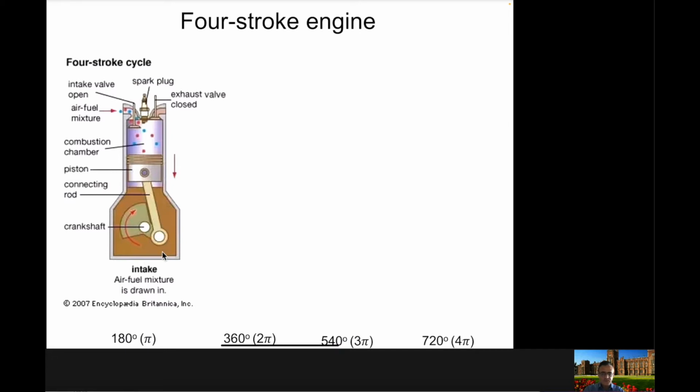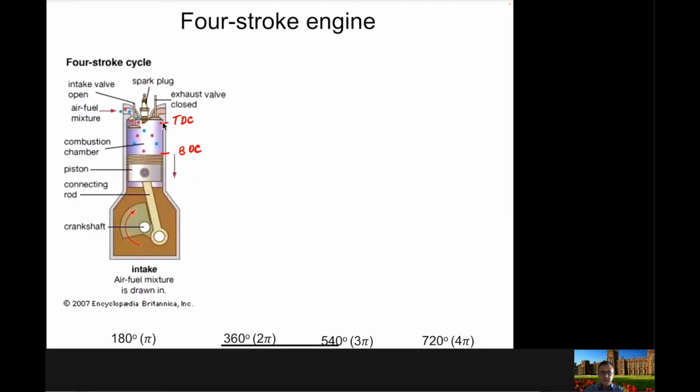In the first stroke, which is the intake stroke, the piston will move from this location, which is what we call the TDC, or top dead center, to the BDC, or bottom dead center. TDC is the topmost position of the piston, and BDC is the bottommost position of the piston.